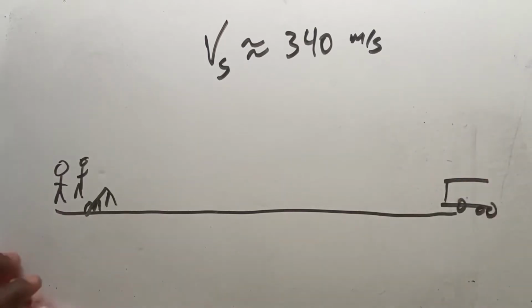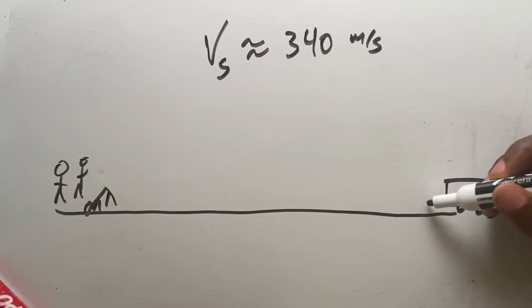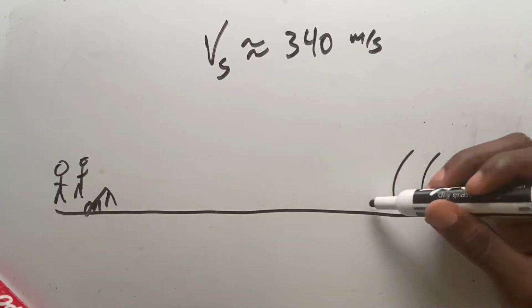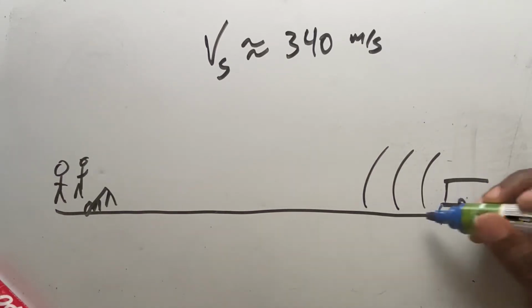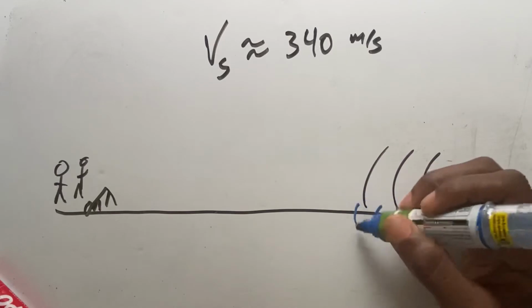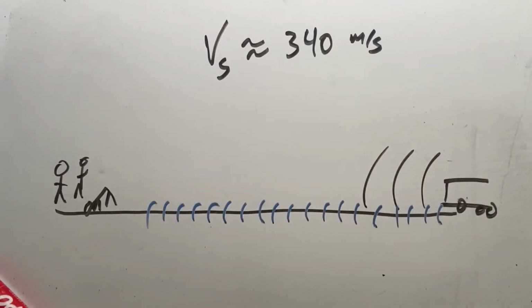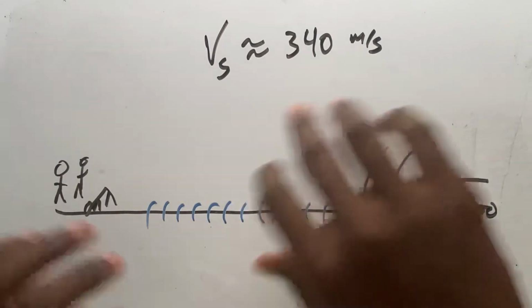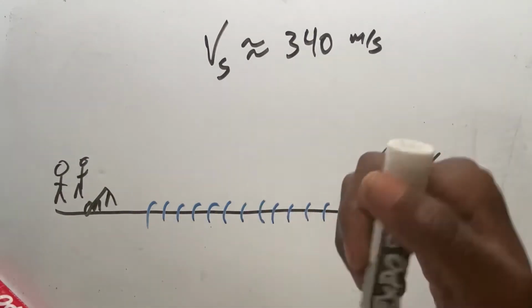So if I were to draw it out, it would look something like that, versus here in the steel, it's going to travel a lot faster. So all that is to say the speed of sound changes for the different mediums that you're in.